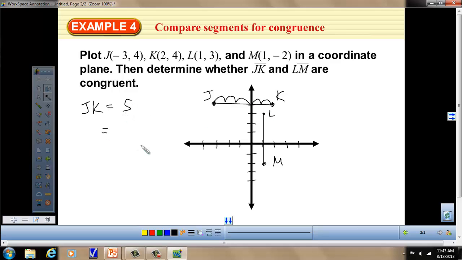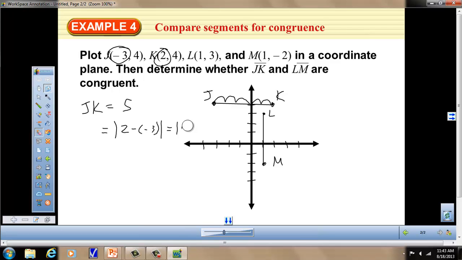The way they want you to do it in the book is to take the absolute value of these 2 x coordinates. So in this case, we can say 2 minus a negative 3, and it's going to give us the absolute value of 5, and the absolute value of 5 is 5. So the length JK is 5.